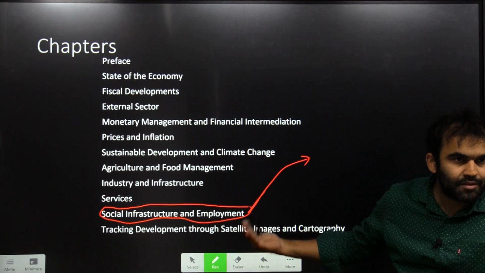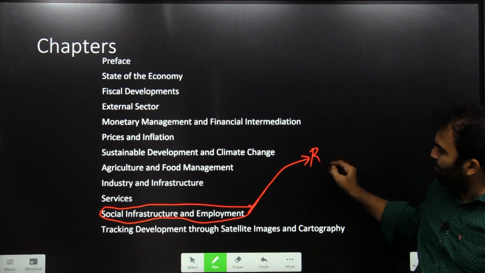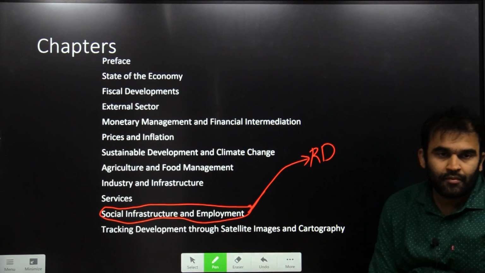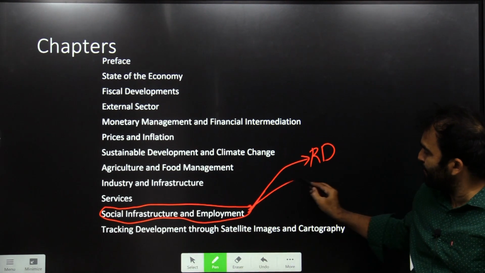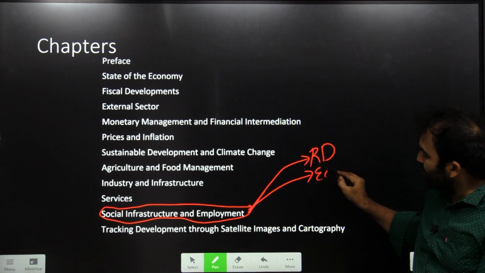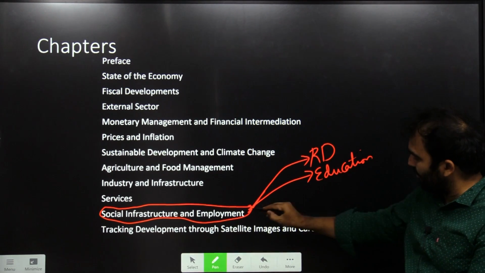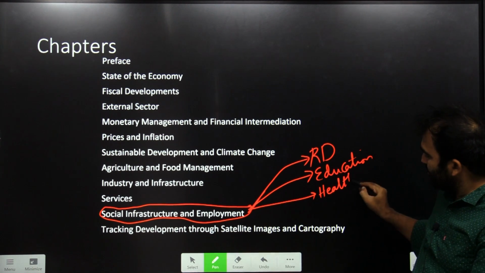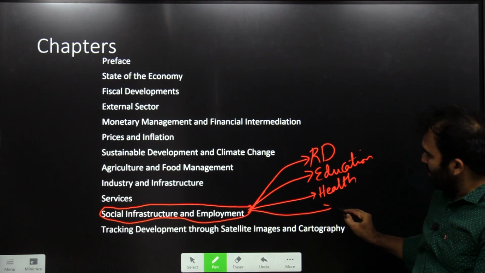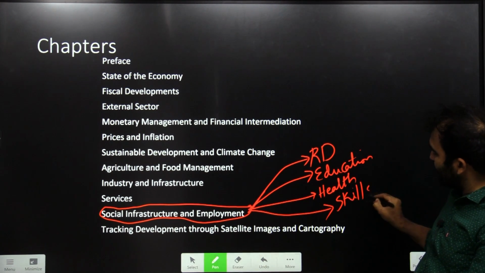To understand that particular chapter, you need to understand rural development. What are the aspects of rural development? Education, health, skill sets, skills.